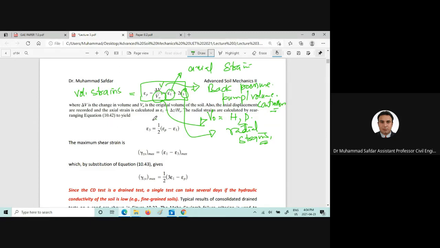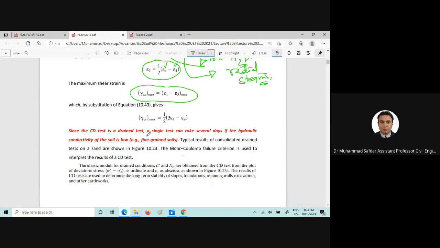Similarly, the radial strains can be obtained from this equation, half of the volumetric strain and the axial strain. And if you want to find out the maximum shear strain, so those can be found out from the axial and radial strain.